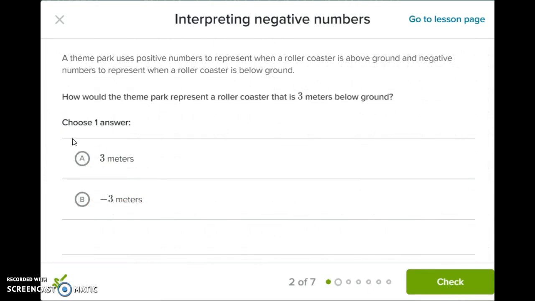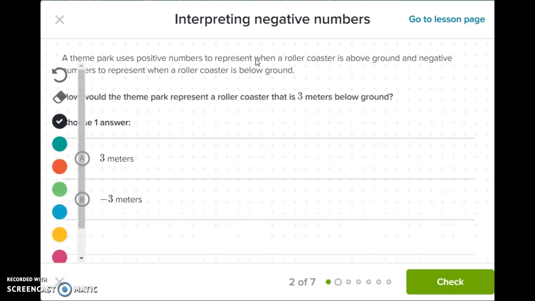So now, how does the theme park represent a roller coaster that is 3 meters below ground? So, below ground. We know that when a roller coaster is below ground, it's a negative, as it says right here. So, we would pick the negative 3.